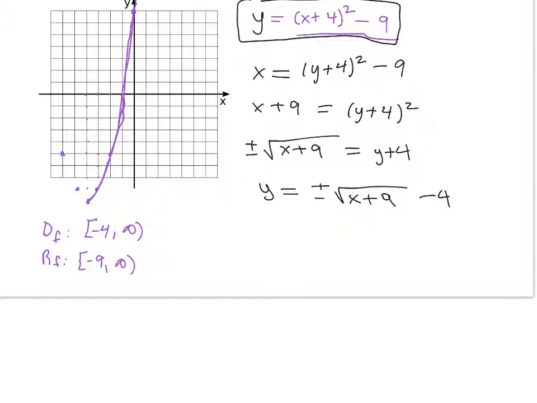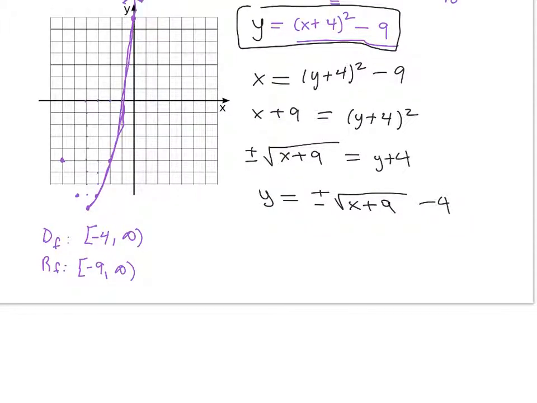So if I were to graph those square roots, I would shift left 9, right? And then what? Down 4. So if I go left 9, down 1, 2, 3, 4. And the plus part of that would be the square root that went up. Does that make sense? The minus is the one that goes down.